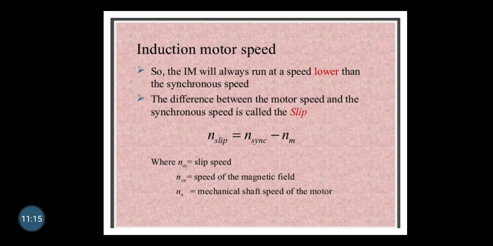That is, N slip is equal to N synchronous minus Nm, where N slip is the slip speed and N synchronous is the speed of the magnetic field. As we know, the magnetic field rotates at the synchronous speed, and Nm is the actual speed of the rotor, or the actual speed of the motor, that rotates below the synchronous speed.